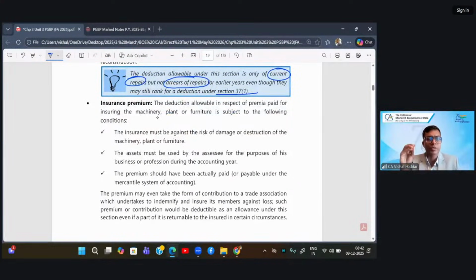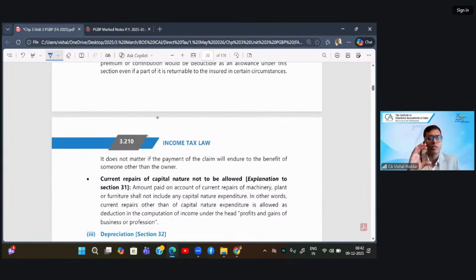So for owners, both section 30 and 31 allow only current repair under this section. Accumulated repairs or arrears of repairs are allowed in 37(1), both with the same criterion. It should not be capital in nature. But for a tenant, if you are a tenant, both current and accumulated repairs are allowed in this section only. So interestingly, only the section is changing, but this will be relevant for you for the MCQ type of questions.